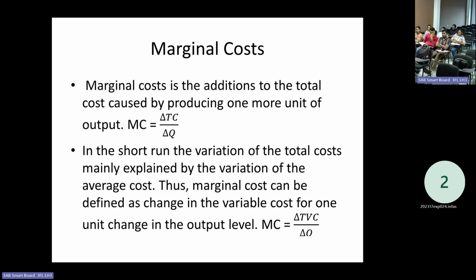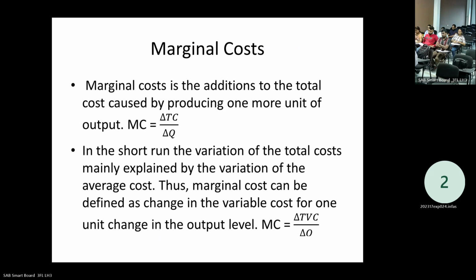Because now we know that the total cost variation in the short run mainly varies with the variable cost, not the fixed cost. And the marginal cost means the slope of the total cost function, so that also explains the variation of the total variable cost due to change in the output.